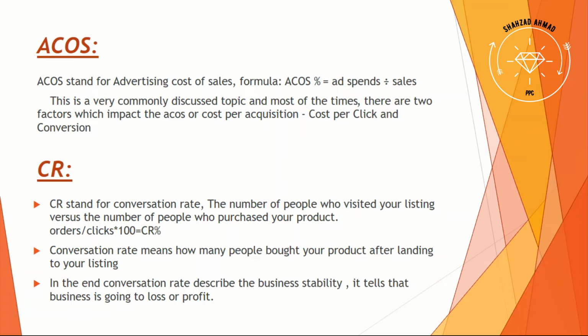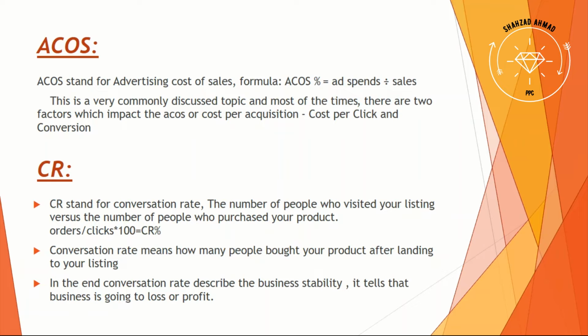Break-even ACOS formula is 1 minus landing cost plus FBA fees divided by retail price. If your ACOS is less than profit margin, then you are making money. Otherwise, you are losing money. Your ACOS must be less than your profit margin.